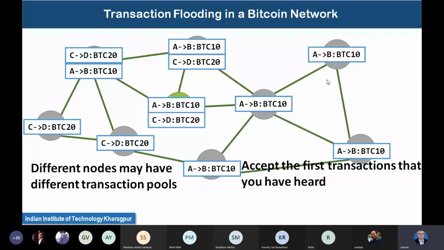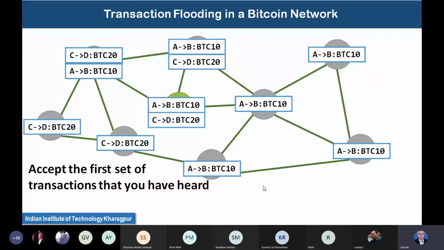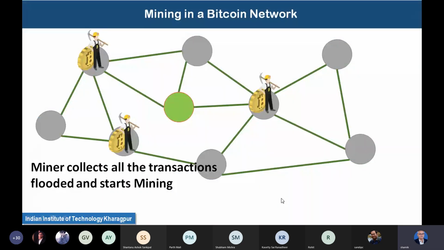So the mining nodes will now be trying to create blocks out of whatever set of transactions that node has got.